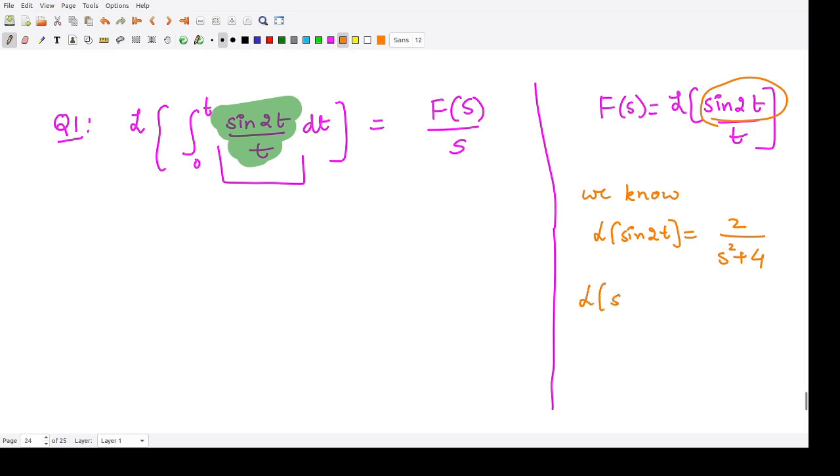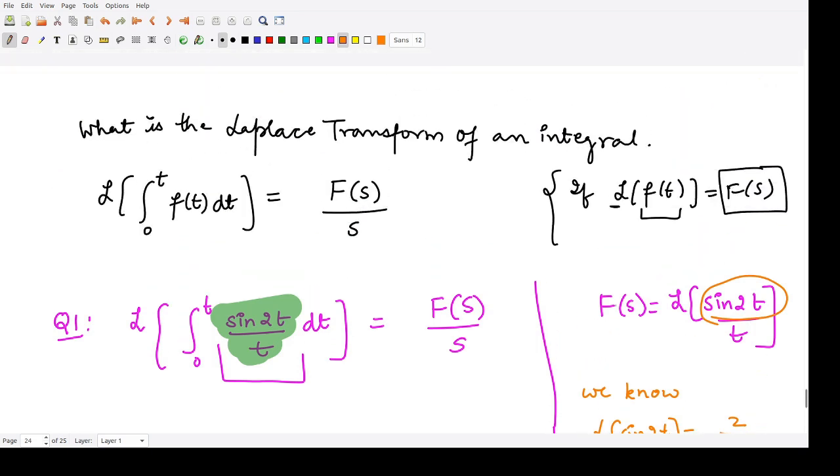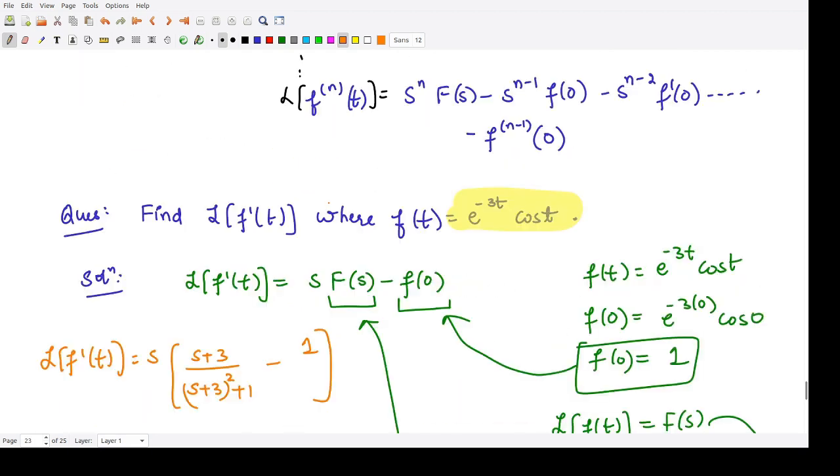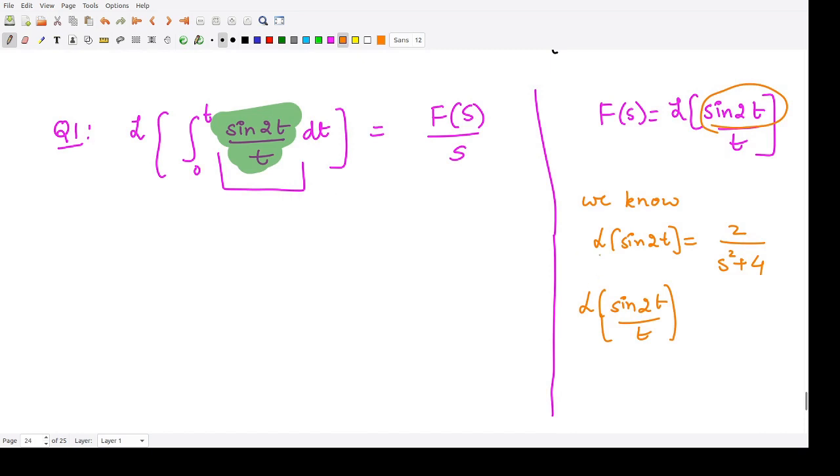Then the Laplace transform of sine 2t divided by t, according to the formula of division by t, we just have to take its integration from s to infinity. Remember, the integration limits are not from 0 to infinity, but from s to infinity of the function 2 divided by s square plus 4 ds.